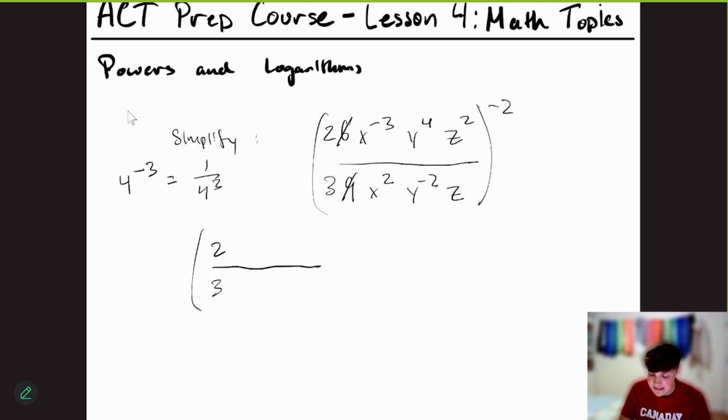Basically, if you take the stuff from the numerator and put it in the denominator and flip the power, the value stays the same. Okay, so a negative power literally just means the inverse of the positive power. Okay, so 1 over 4 to the 3 is the same thing as 4 to the negative 3. So what can we do with this x now? Well, x to the negative 3, that's the same thing as having x to the 3 in the denominator.